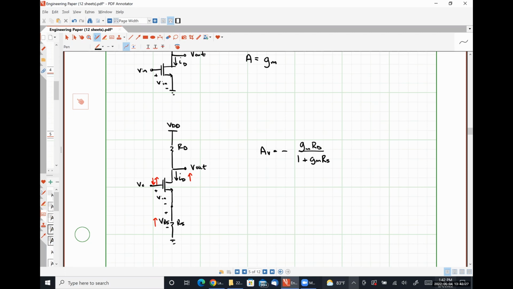Well, that negative RD is our sense mechanism. So our gain with feedback would be positive gm over 1 plus gm RS, where RS quantifies our feedback network.